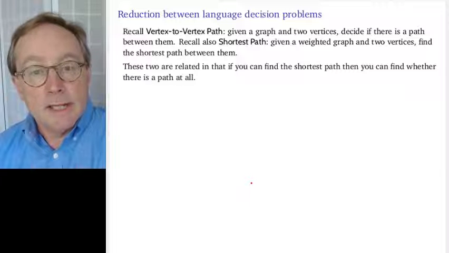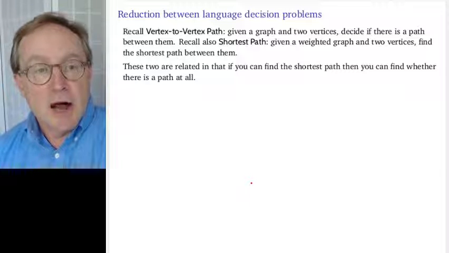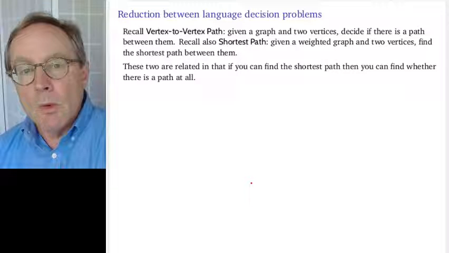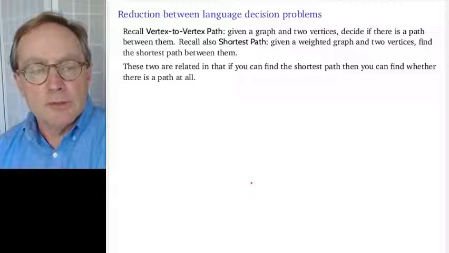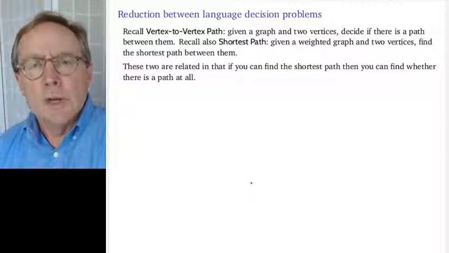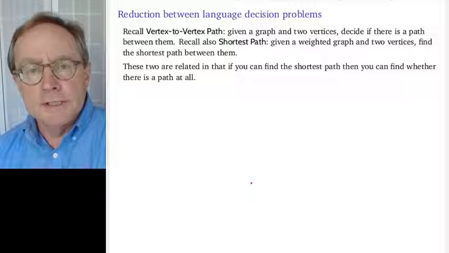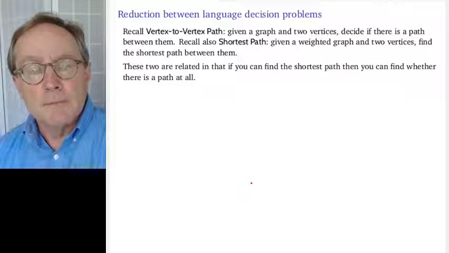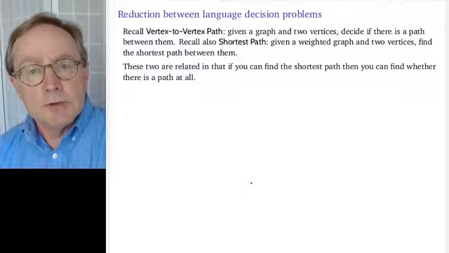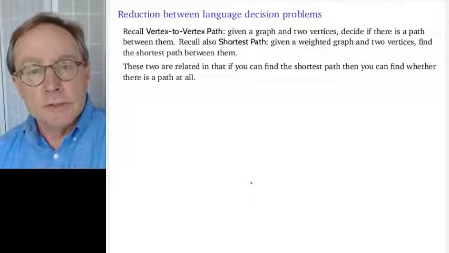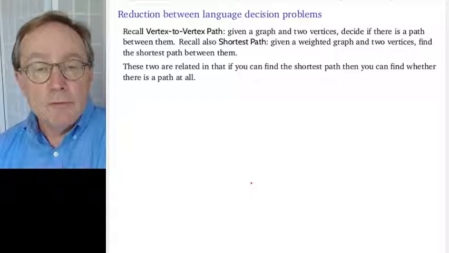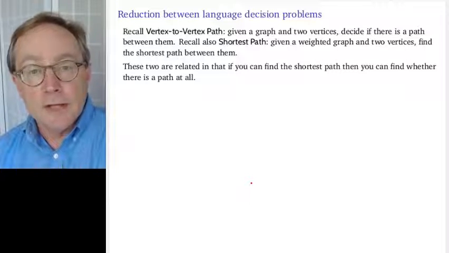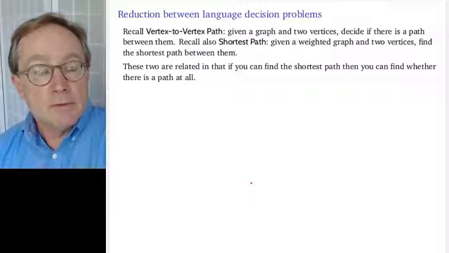So let's think about that in the context of a couple of concrete problems, because I'm a concrete problem thinker. I have two different problems. The vertex-to-vertex path problem, sometimes called ST-con or just plain path: given a graph and two vertices, decide if there's a path between them. And then the shortest path problem: you're given a weighted graph and two vertices, find the shortest path between them. A person thinks, well, if you could find the shortest path, then you could for sure find if there is a path.